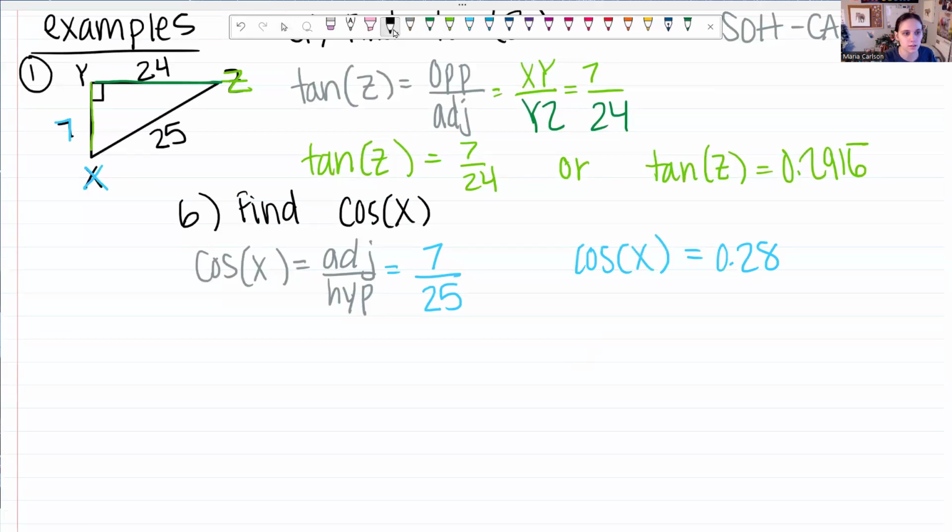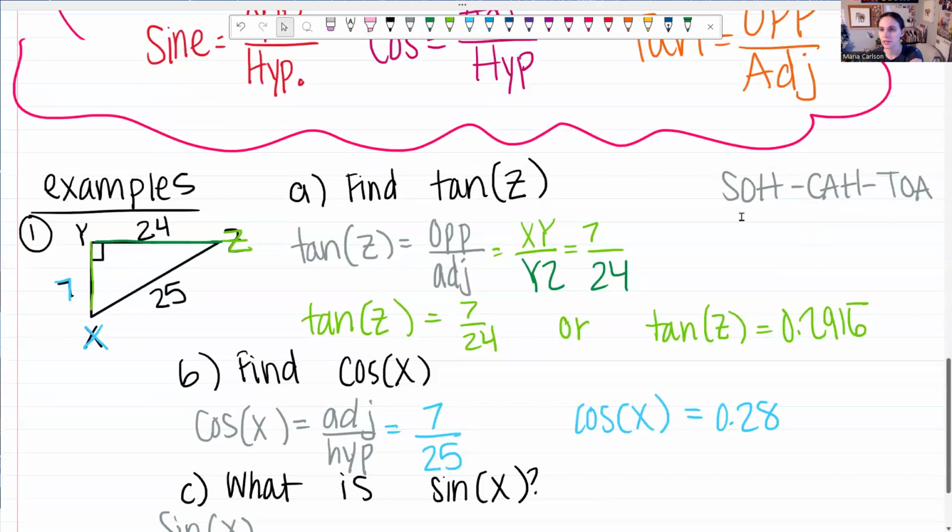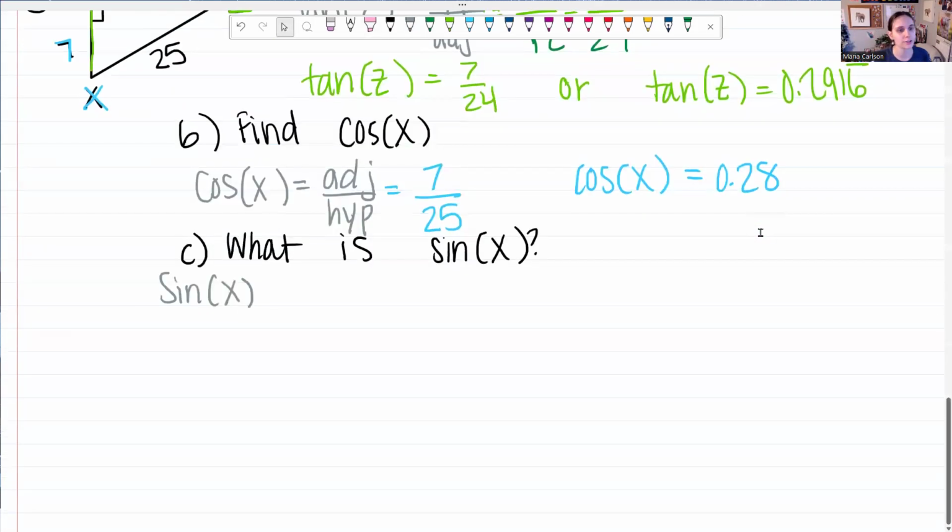All right, part C. What is sine of x? So we did tangent of z, we did cosine of x. Let's look at sine of x. Thinking about SOHCAHTOA up here, that would be opposite over hypotenuse.